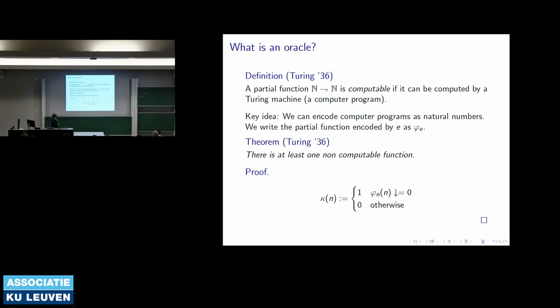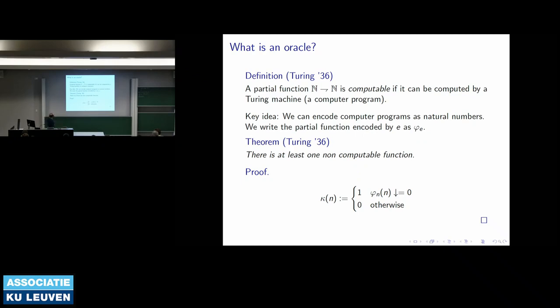Formally, this was first defined by Turing back in '36, so it's slightly earlier than the actual real computers, like this one, existed, depending on what you mean by computer.